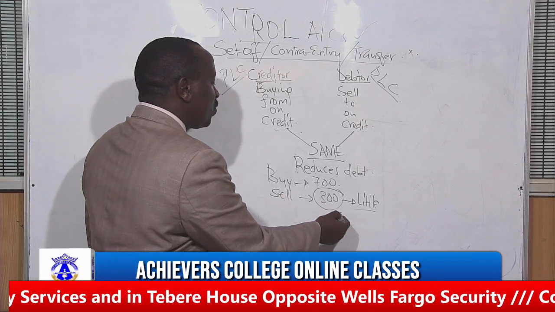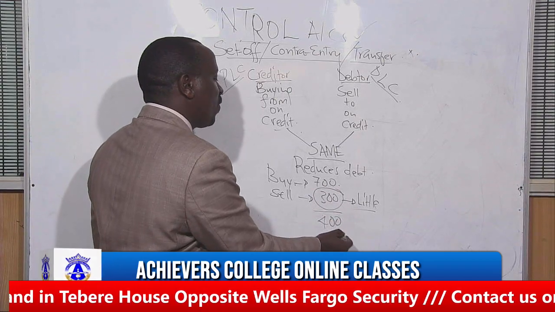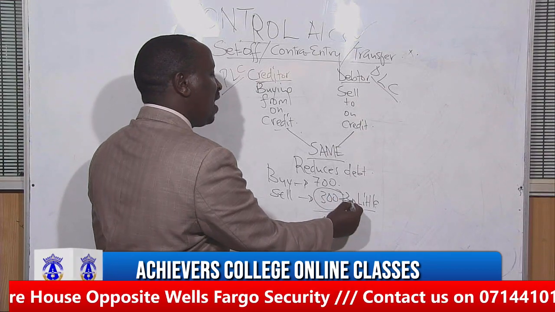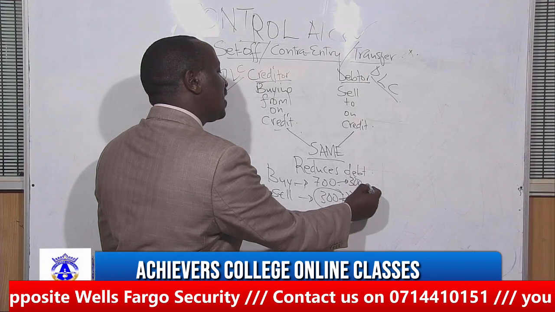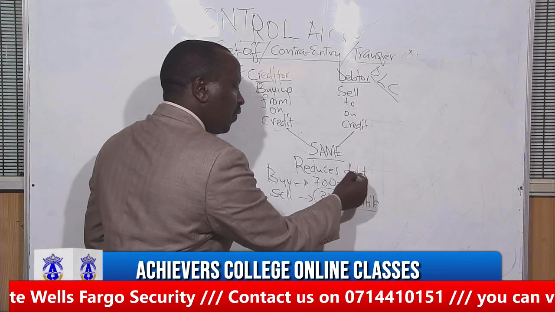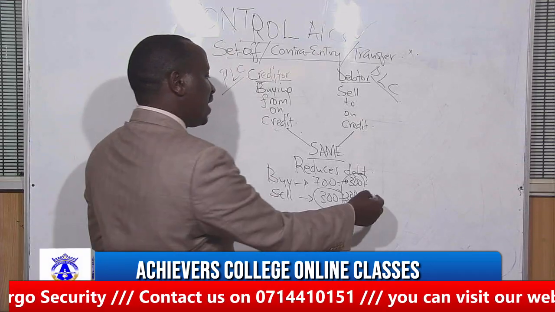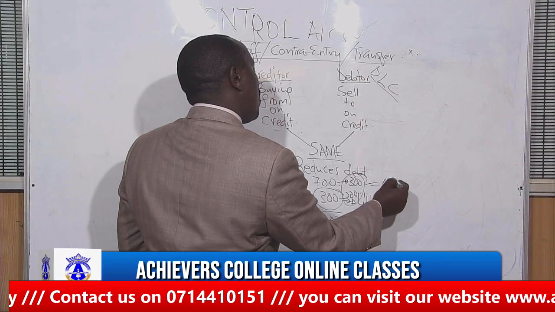Automatically, if I am buying from you, I have only a debt of 400. What we have done is that my 300, we have subtracted 300, and your 700, we have subtracted 300, and therefore the 300 we have simply set off. It simply means that you have zero debt to me and I have a 400 debt to you.